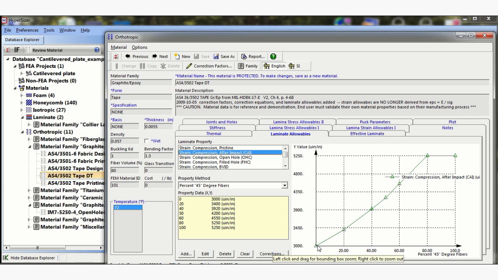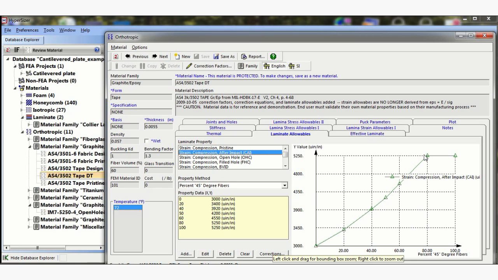We deliberately cut it off because we don't want people trying to make laminates outside of our allowables. So for a compression test, we may test 3 or 4 laminates. For instance, we could test 20%, 40%, 60%, and 80% at a particular thickness and a particular temperature.